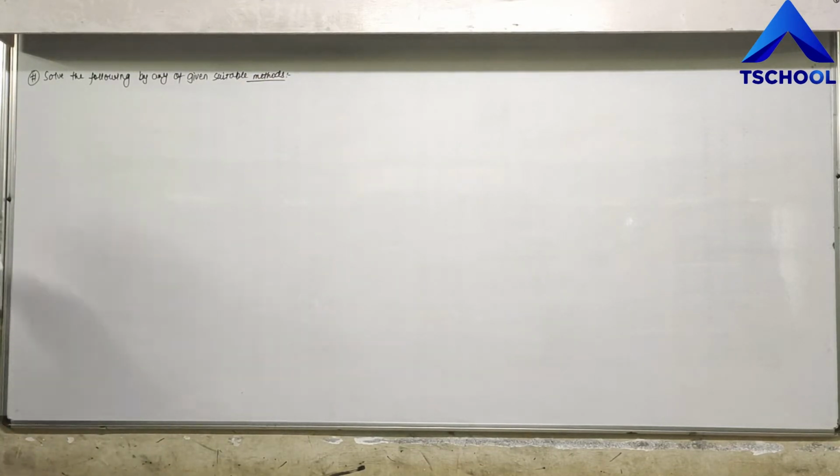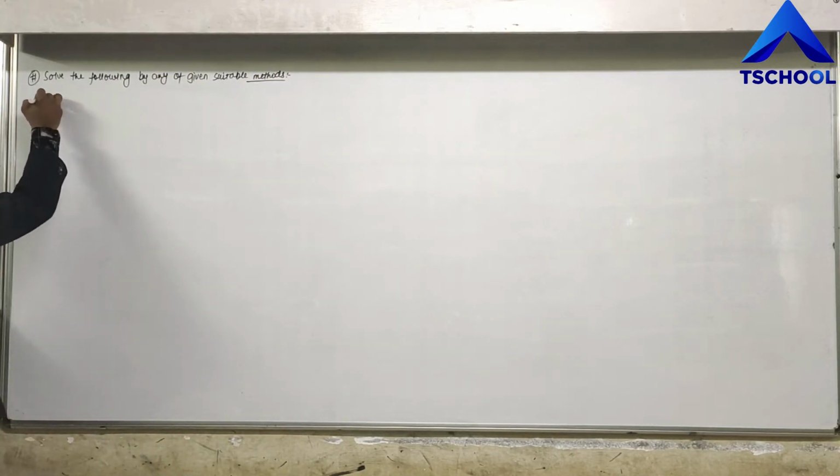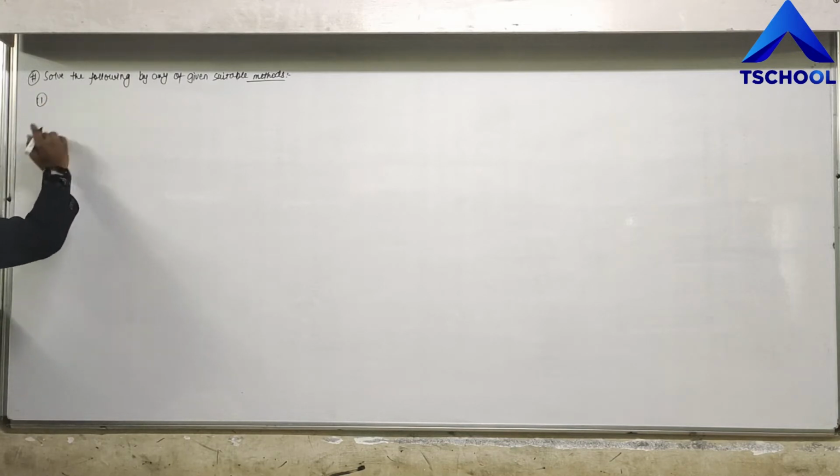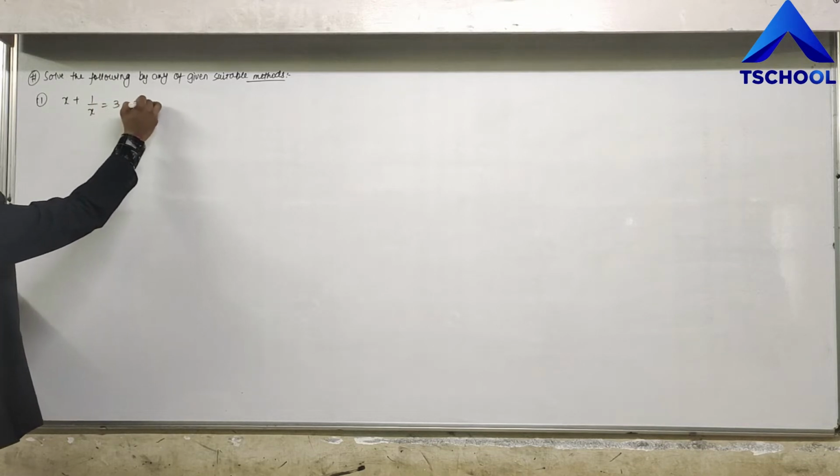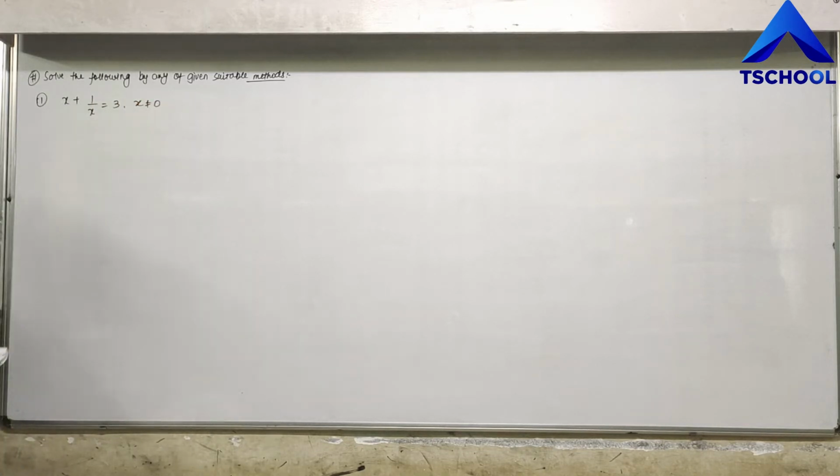Solve the following by any of the given suitable methods. So under that we have the first question: x plus 1 upon x equals 3, given condition x is not equal to 0, right?